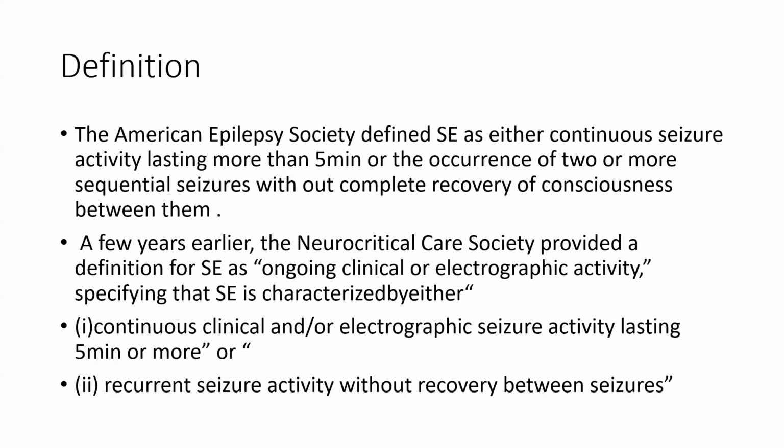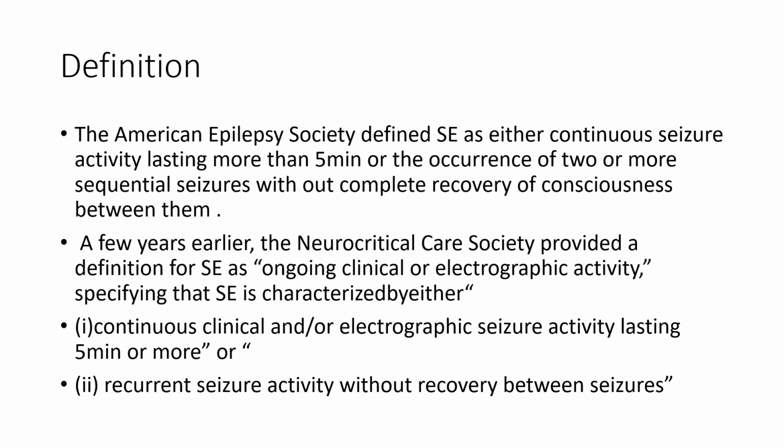So about definition, the American Epilepsy Society defined status epilepticus as either continuous seizure activity lasting more than 5 minutes or occurrence of two or more sequential seizures without complete recovery of consciousness between them.